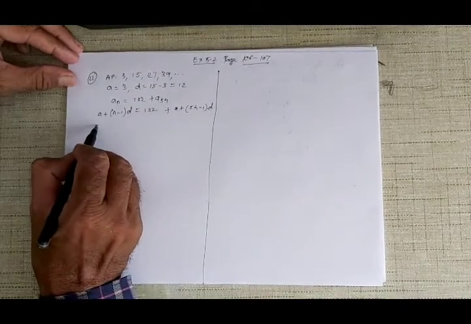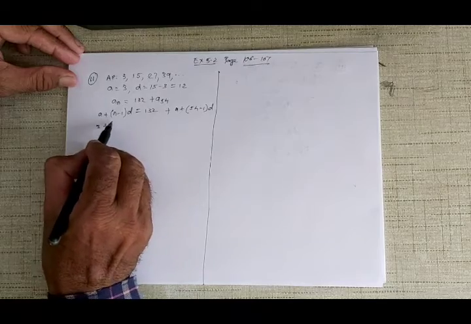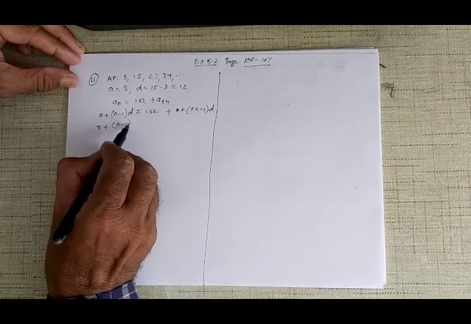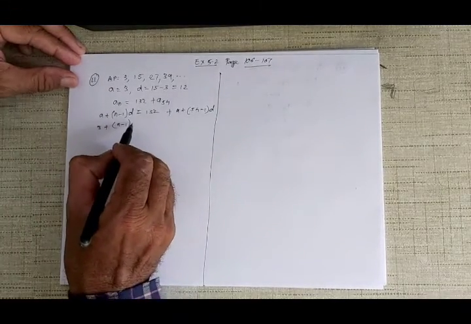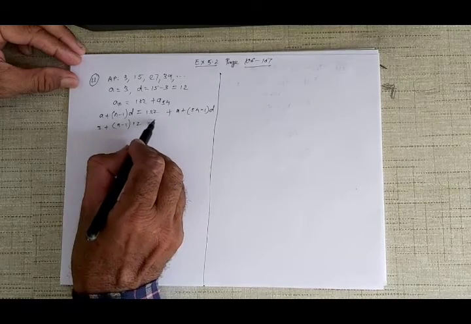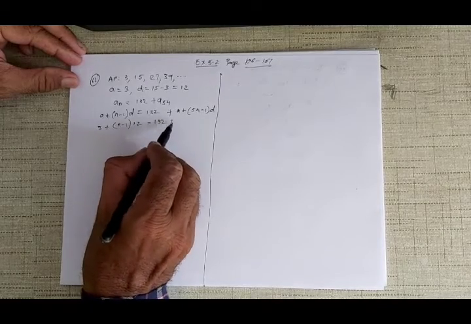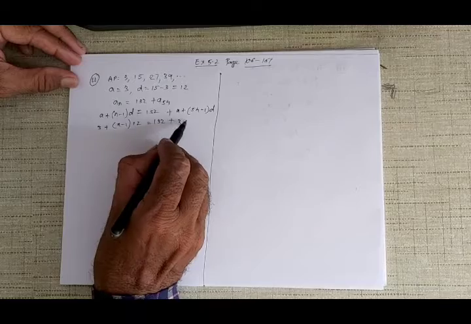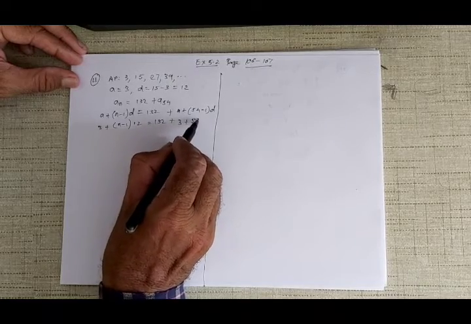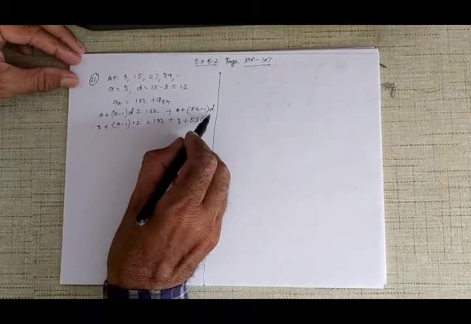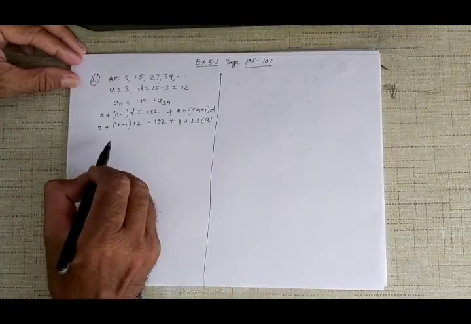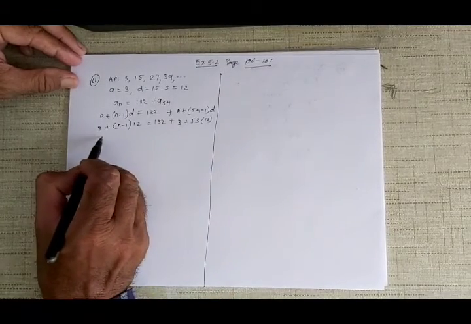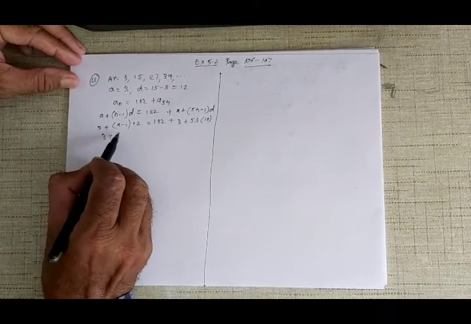The first term of the AP is 3. We want to find n. Common difference D is 12. This is equal to 132 plus the first term 3, 54 minus 1 is 53, and the common difference is 12.